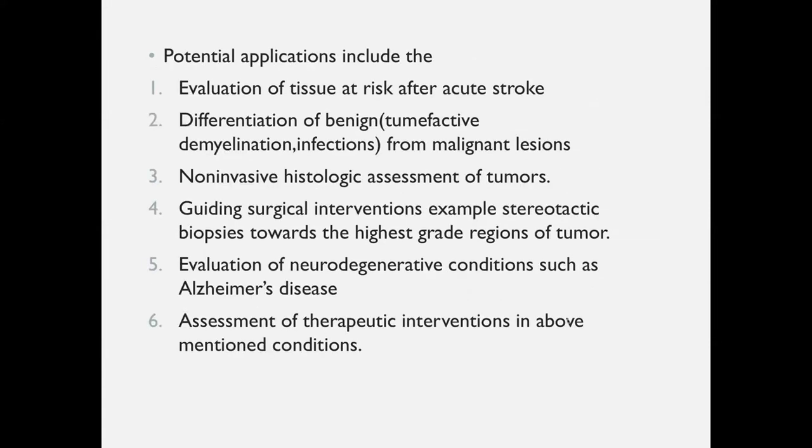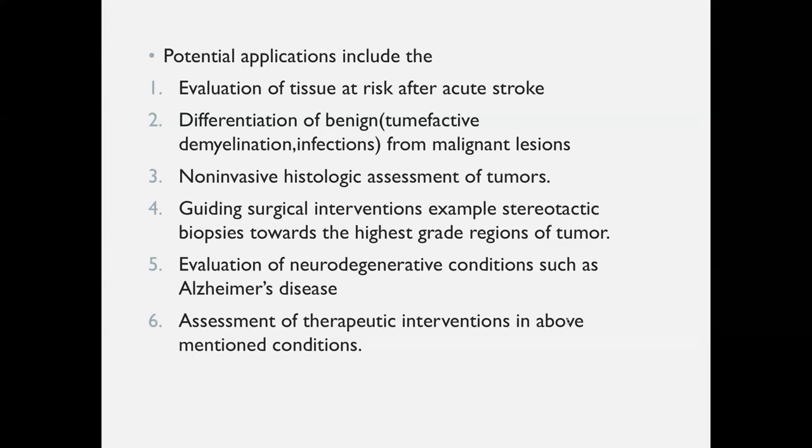Now, just an introduction to the potential applications; I cannot cover all of them in one slide. Obviously, evaluation of tissue at risk after acute stroke is a very important application. For me, most important for this talk is whether we can differentiate a benign lesion from a malignant lesion.